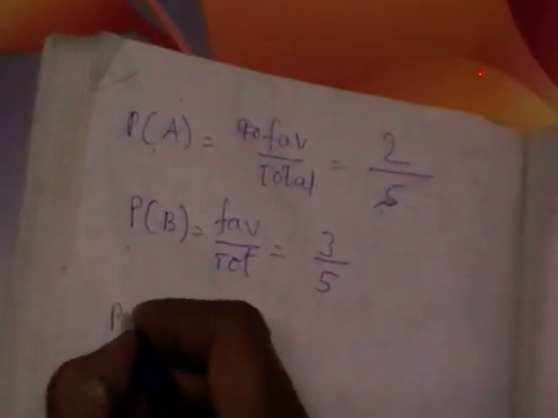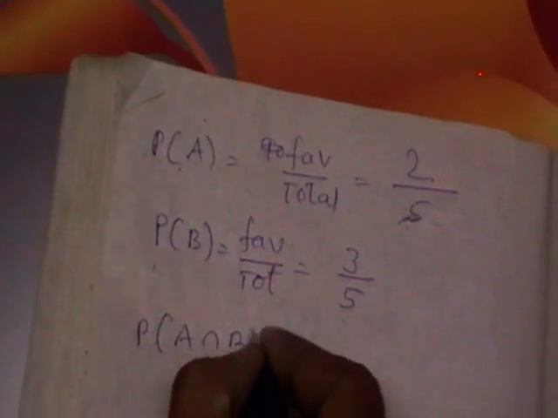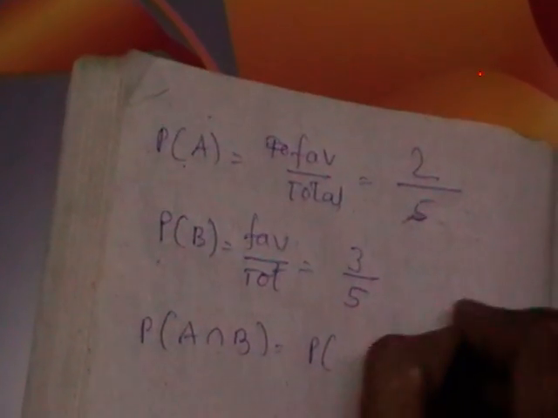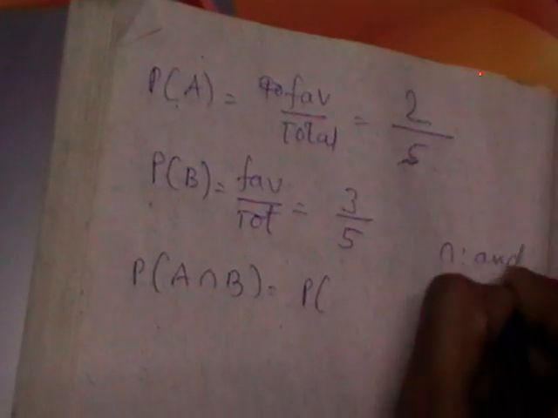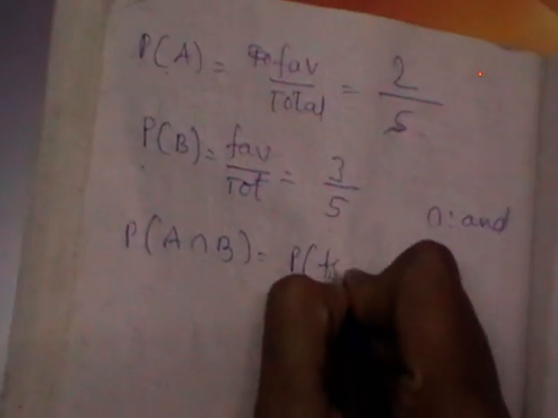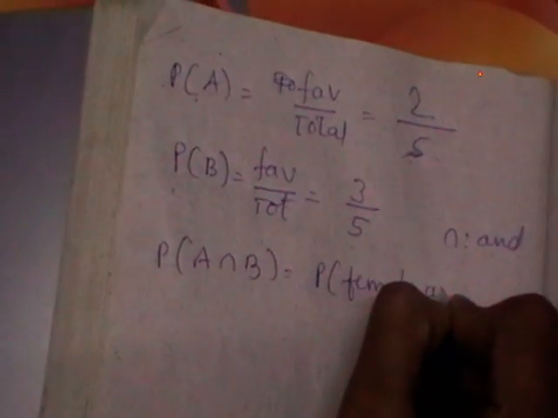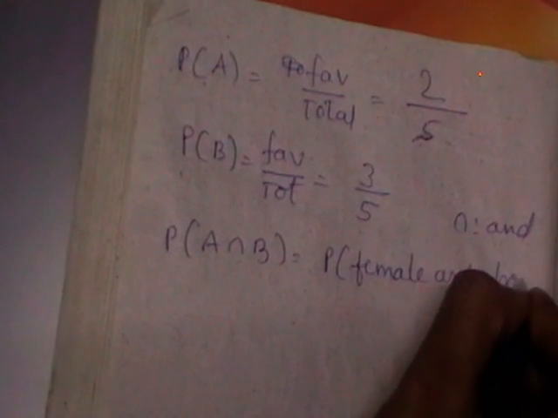So what is P of A intersection B? A intersection B means probability, and intersection stands for "and": the probability that he is a female and above 40 years.